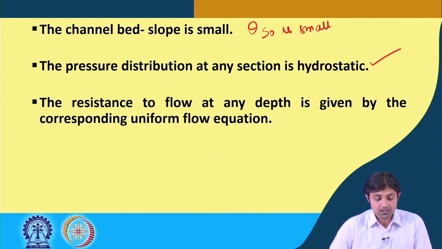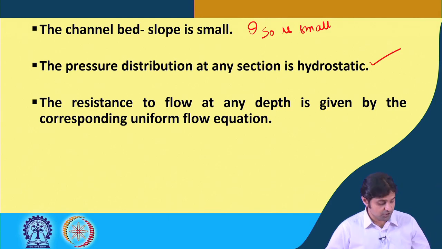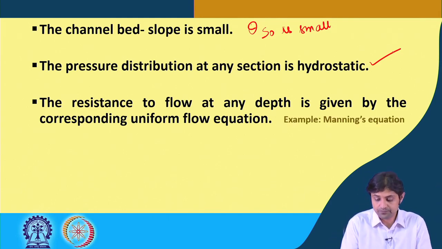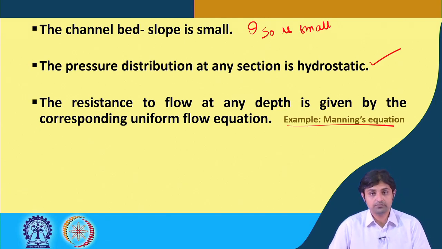Apart from that, the resistance to the flow at any depth is given by the corresponding uniform flow equation. This is another assumption when we derive the different parameters and properties of gradually varied flow. For example, uniform flow equations like Manning's equation or Chezy equation.